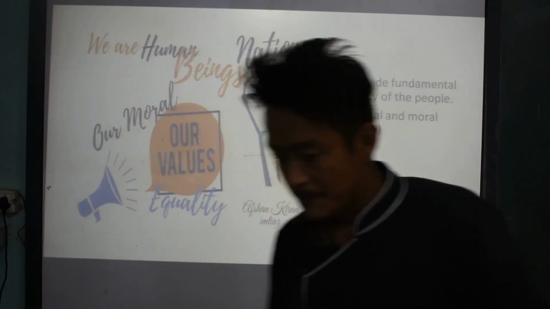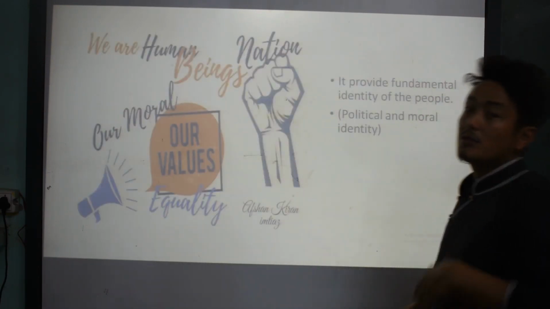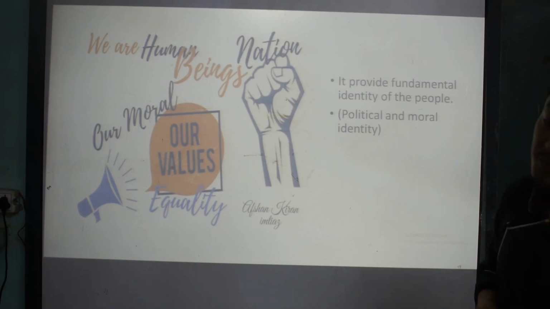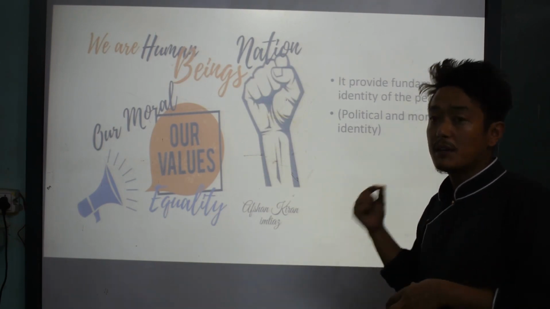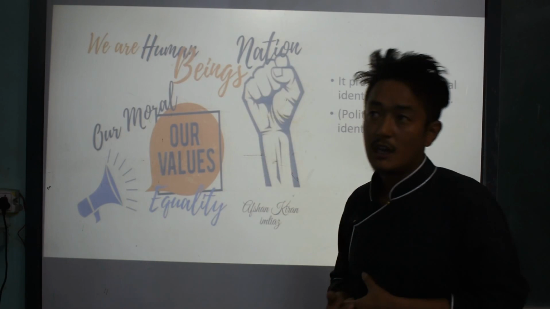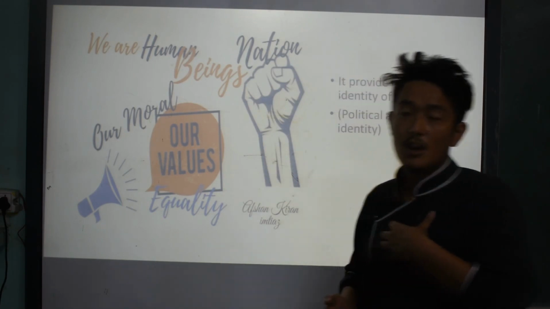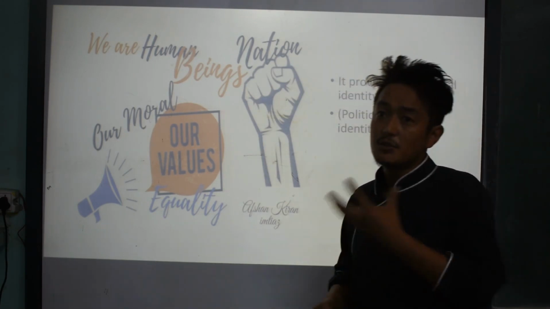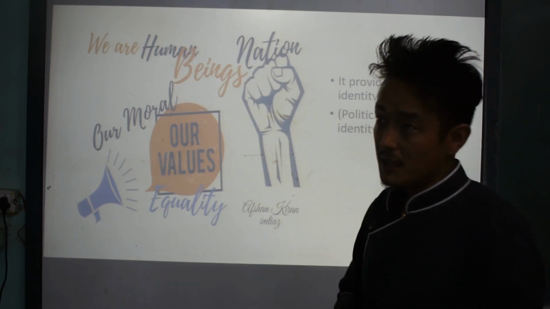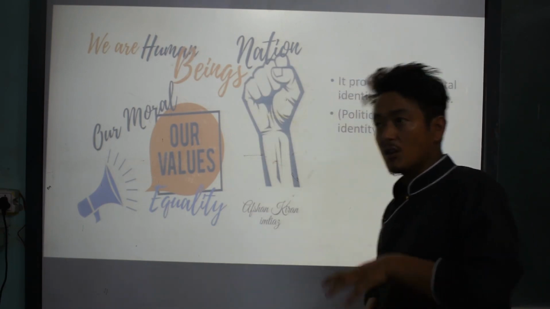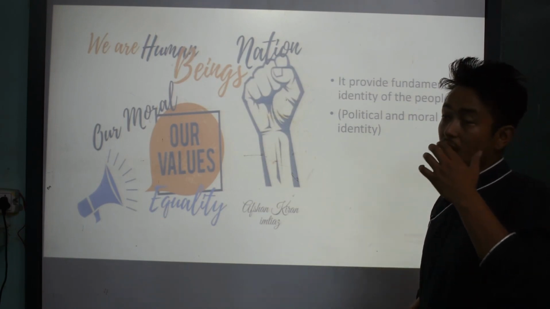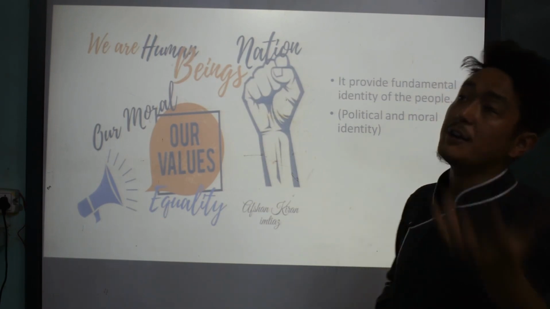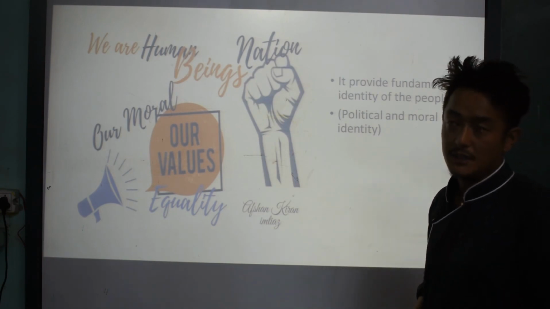All right. Now the next function the constitution performs, or we can say a need for the constitution, is that it provides a fundamental identity to the people. Once we, as citizens of a country, decide to abide by those laws, the constitution will automatically provide you with certain rights, right?